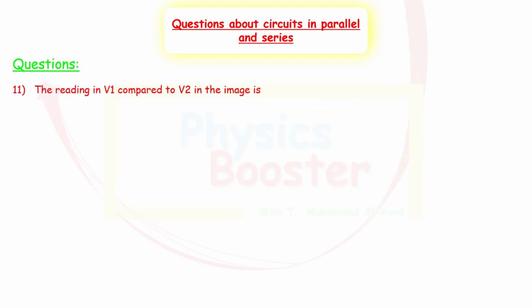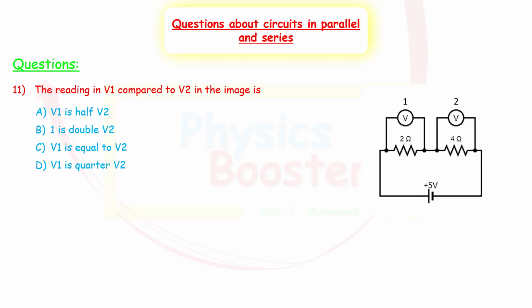Next and final question. The reading in V1 compared to V2 in the image is, now, let's look here quickly. It's asking about the reading of the potential difference. So this is a series circuit, and we know that the potential difference is not the same in a series circuit. Now, if we want to do a very quick calculation, we know that the potential difference, delta V, is equal to R multiplied by I. Now, the current is going to be the same.